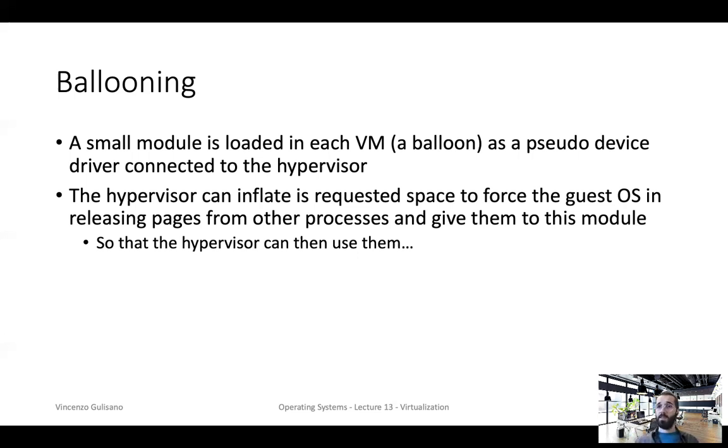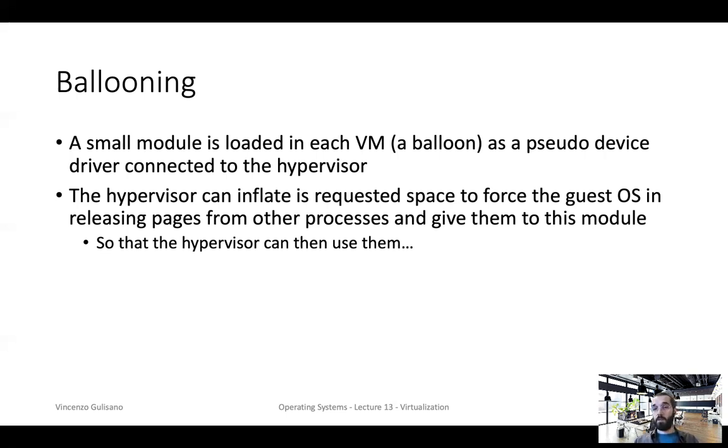Since the hypervisor has control of this, it can inflate, based on its own needs, the amount of memory the guest operating system believes it needs for the driver. By doing this, it will assign more frames to the operating system, but it will be in control of those frames because they belong to this pseudo device driver that is controlled by the hypervisor.